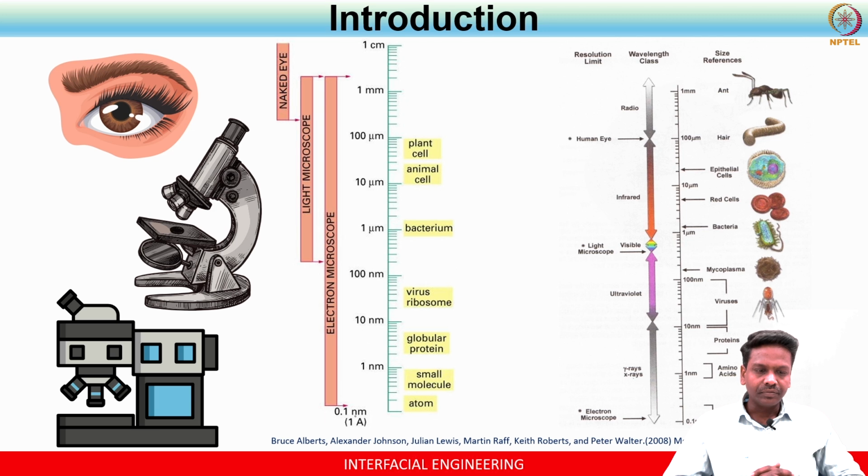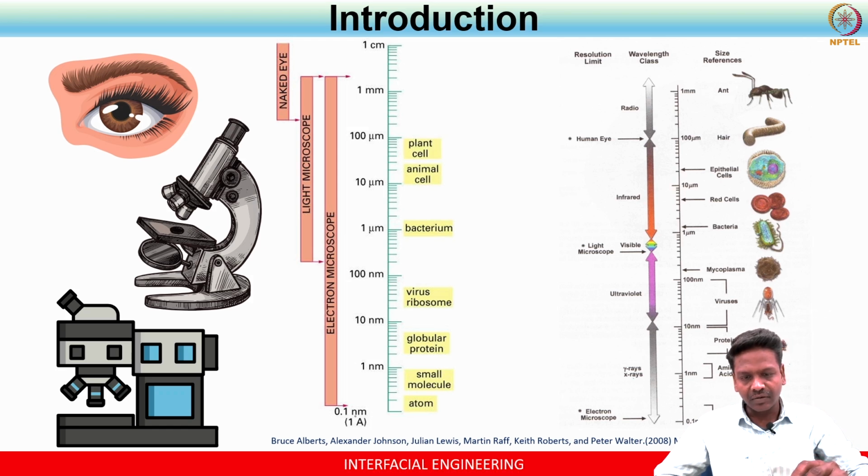First, let us start with a brief overview of length scale. As you can see, with our human eye we can visualize objects only up to a certain length scale through the naked eye.